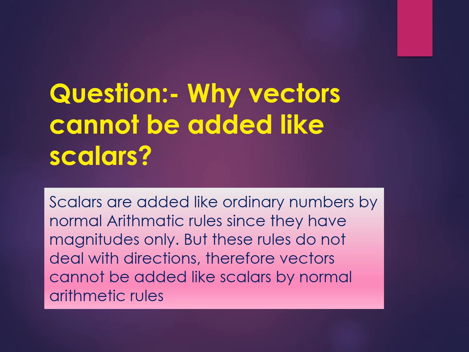Students, this is a very important question. Why vectors cannot be added like scalars? The answer is scalars are added like ordinary numbers by normal arithmetic rules since they have magnitudes only.